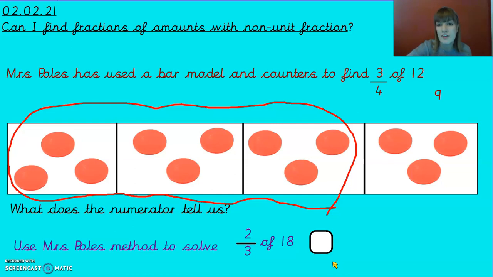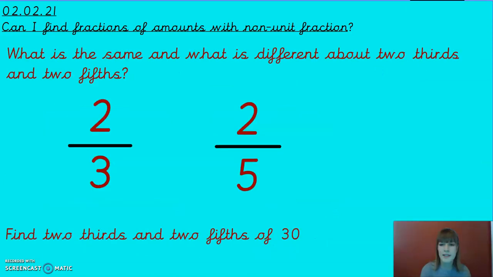Well done if you maybe just drew circles or little dots and put 18 equally in those 3 groups. Well done if you circled 2 of those groups and counted how many dots, counters, whatever you drew, you had in each section. And a massive, massive, massive well done if you said 12. Okay, good job everybody, well done.